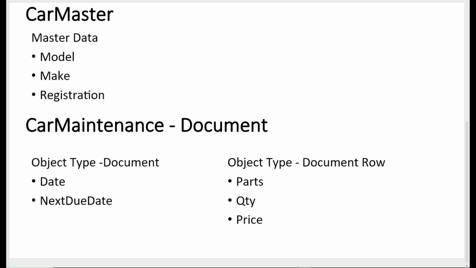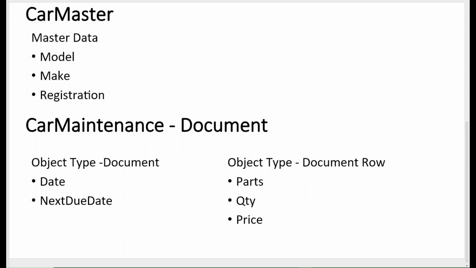So in the demo, we are going to create a UDT with an object type of master data, and the name of the UDT we will give is car master, which will hold the model, make and registration information. Then we will create a car maintenance document which will have a document and a document row.